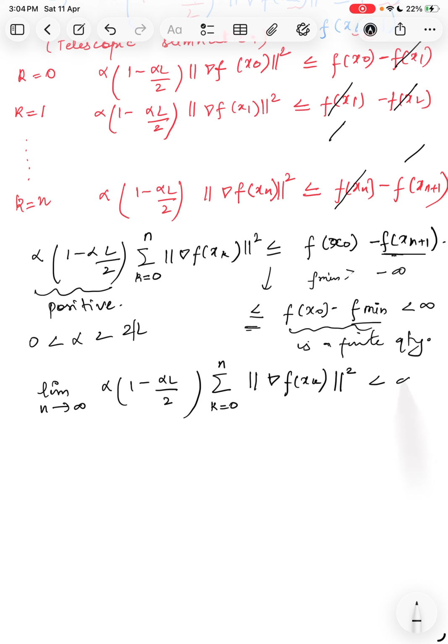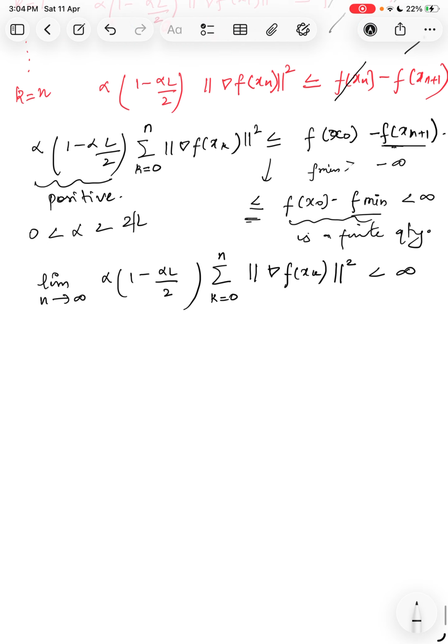This is less than infinity, which means that limit n goes to infinity, summation k varies from 0 to n, the norm of del f of xk whole square is less than infinity.